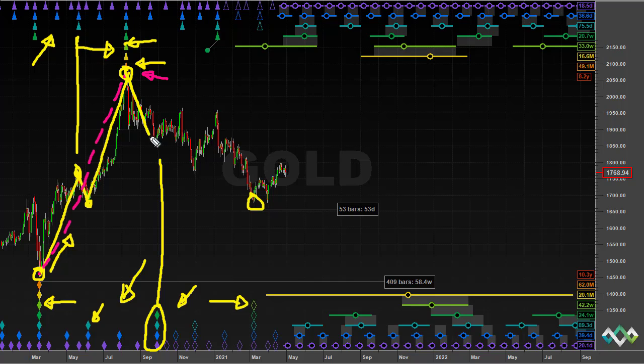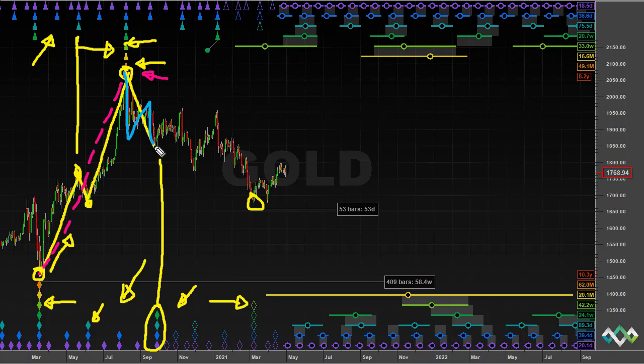It goes down to the 20-week cycle trough. And the zigzag tool is a fractal tool. So for every one of these moves, you will see that, let me choose a different color here, for every one of these moves, it performs the move in its own little zigzag. Okay, let me go back to the yellow color.